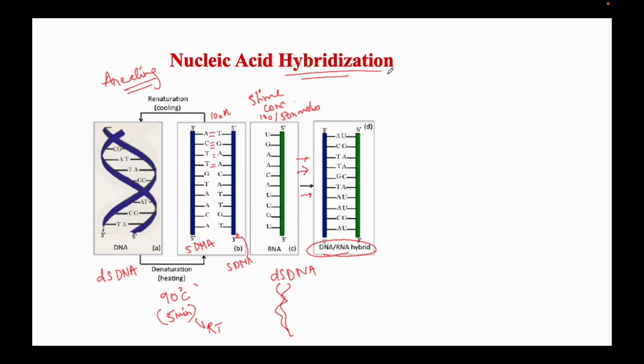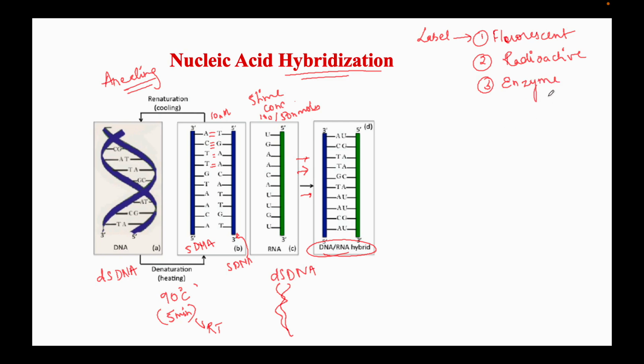And why do we do this technique? This technique is mainly done to label DNA. The labels could be of 3 types. For the labeling of DNA, we could have a fluorescent label, a radioactive label, or an enzyme label.